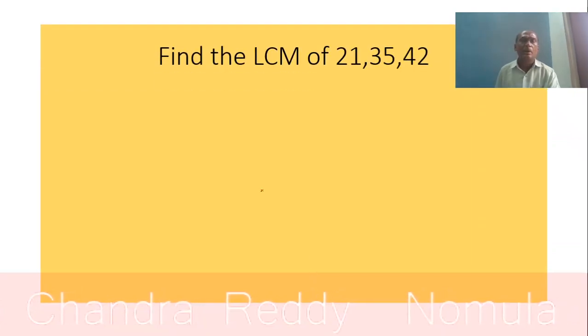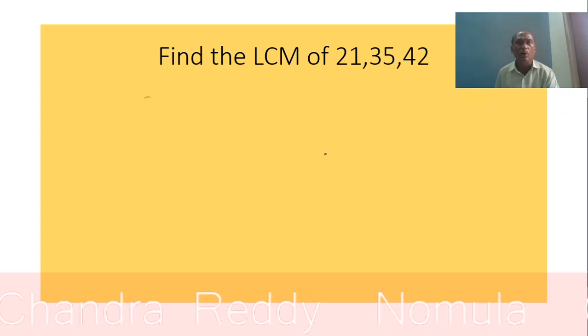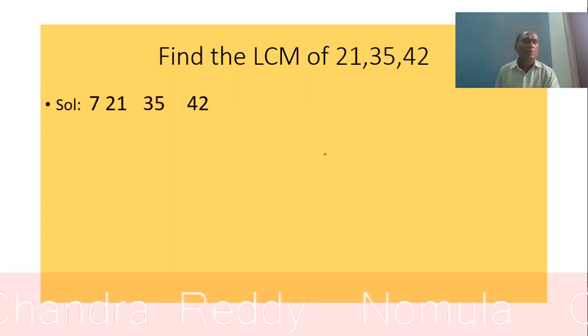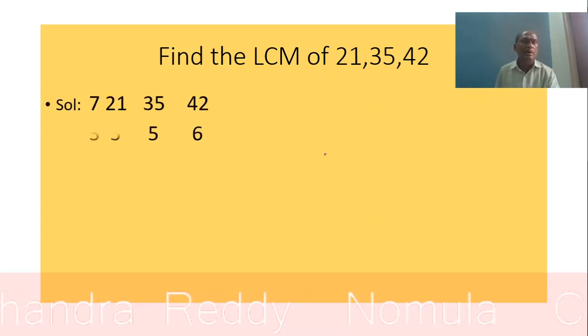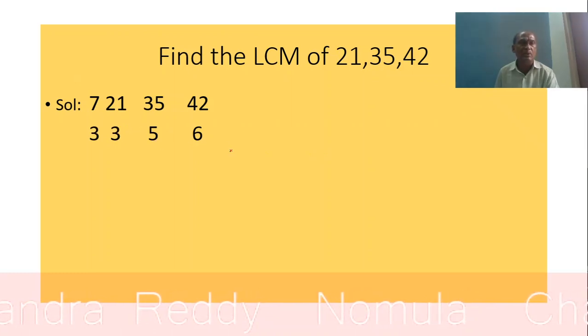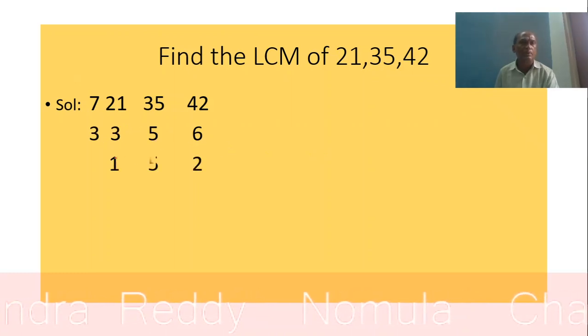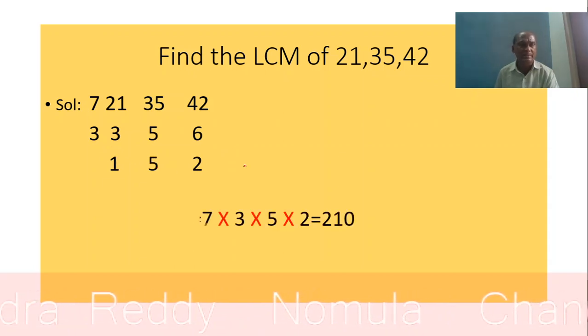Now here next, another problem. Find the LCM of 21, 35, 42. So here 7 3s are 21, 7 5s are 35, 7 6s are 42. Now 3 1s are 3 and 5, 3 2s are 6.